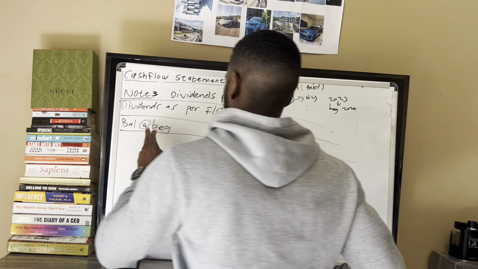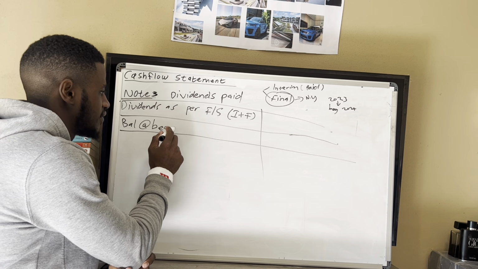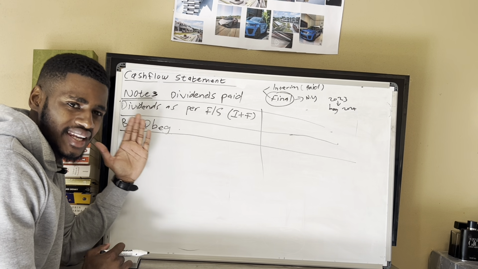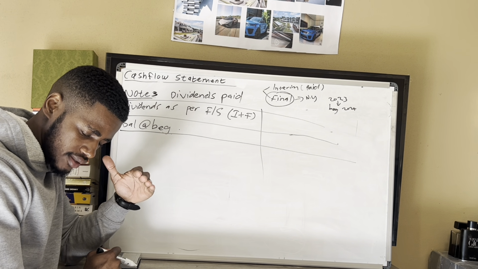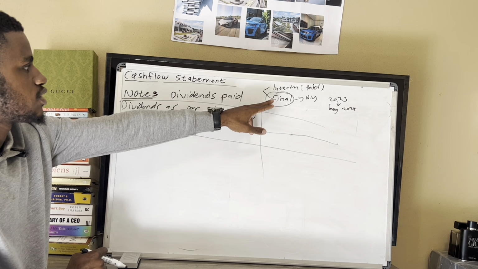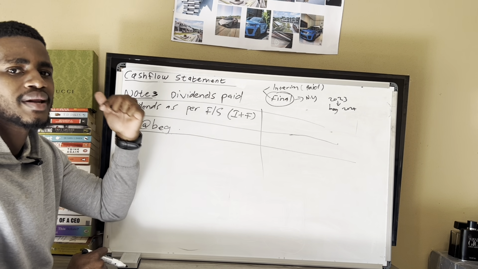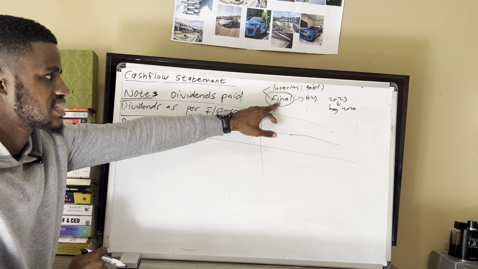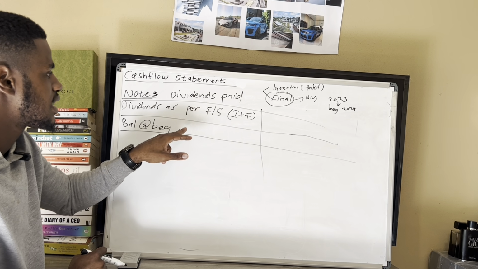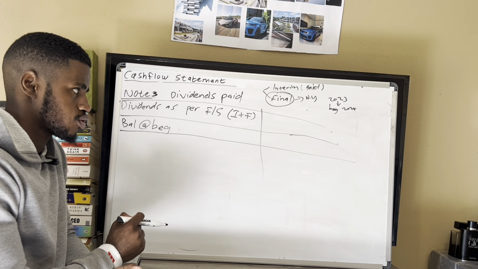So the balance at the beginning here, in other words, will be the final dividends of last year. The balance at the beginning of the year that you are doing will be the same amount as your final dividends from the previous year, because in the previous year, they did not pay this. They declared it, and it will only be paid here at the beginning of the year. Please take note of that.